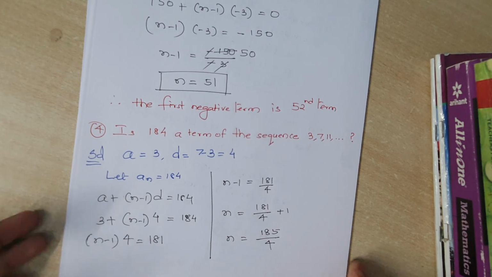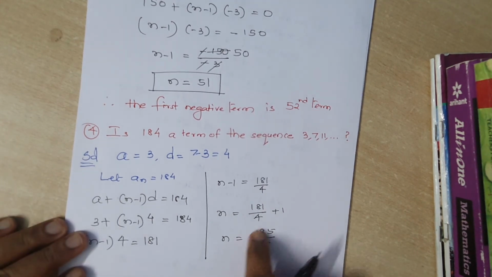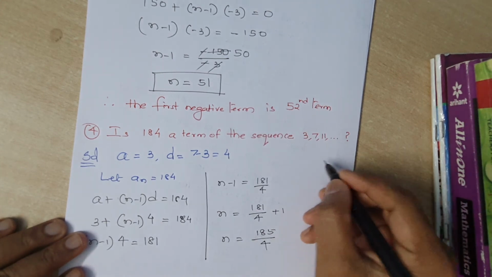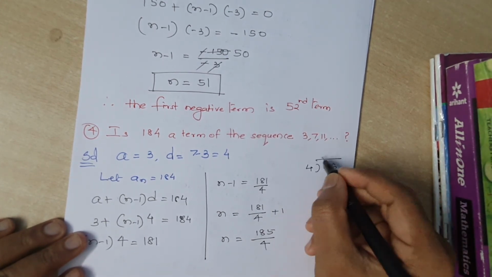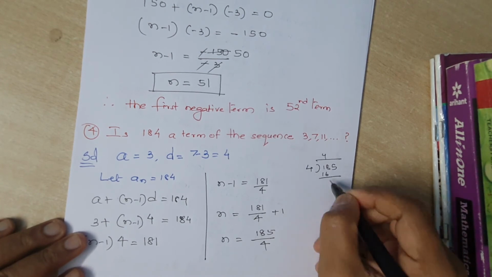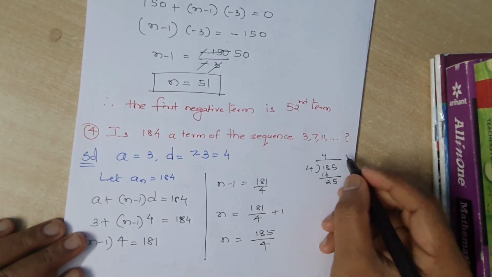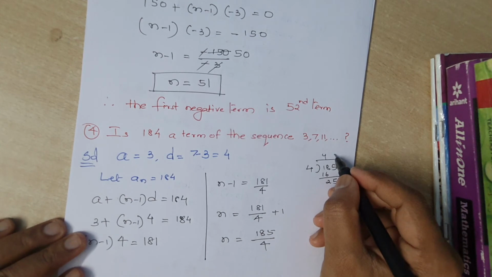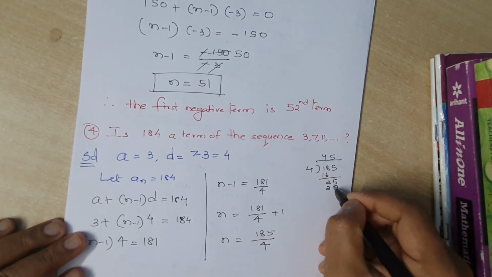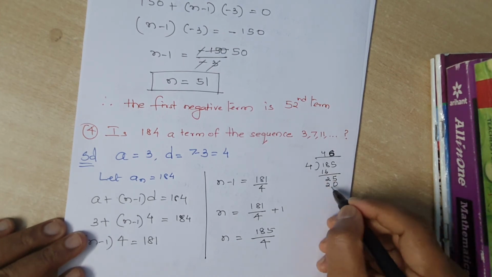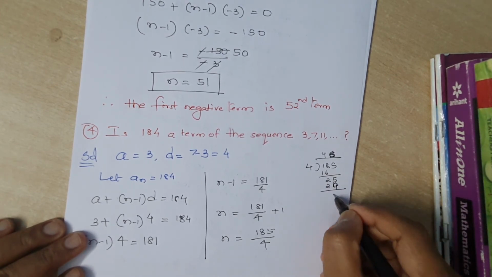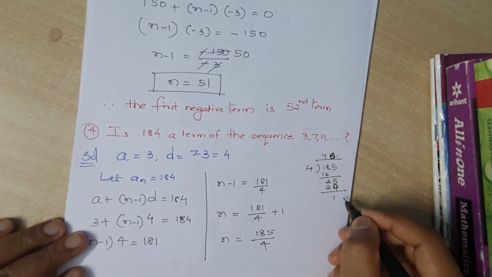okay, if you don't know how to divide shortcut method, then you can use this one. 185 divided by 4. 4 4s are 16. 4 5s are 20. Sorry, 4 6 are 24.